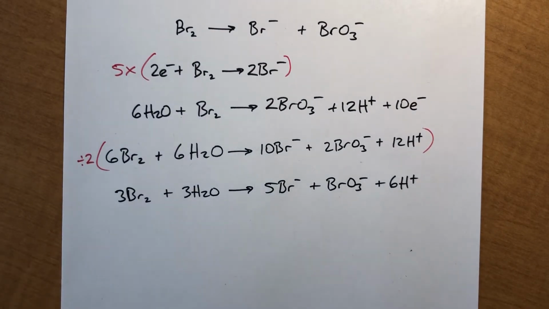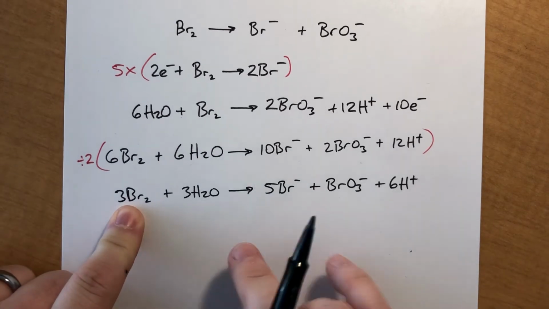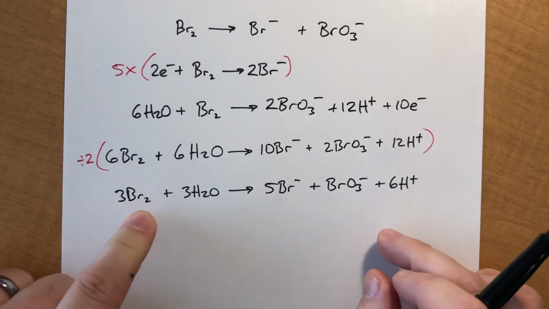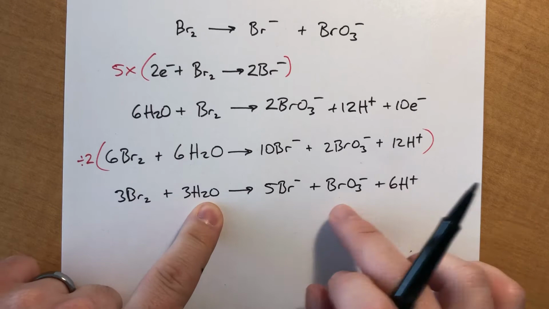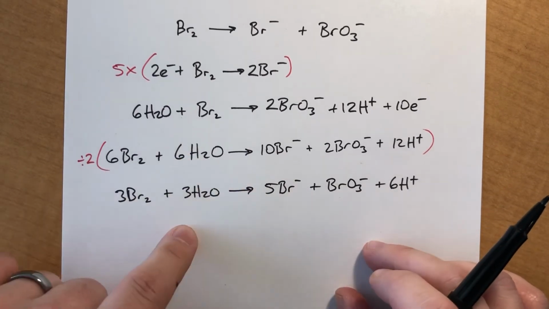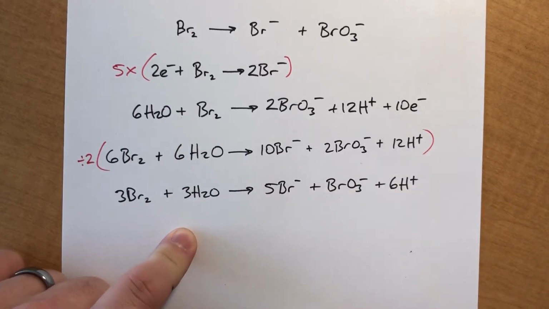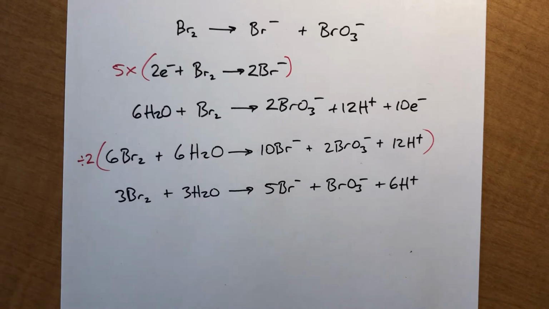Hopefully not too bad so far. Technically speaking, this would be balanced. We have 6 Brs, 5 plus 1 would be 6. We have 6 hydrogens, 3 oxygens, 3 oxygens. This side adds up to 0, and this is 6 minus 1 minus 5 would also be 0. So everything's balanced. The only problem right now is this is acidic.